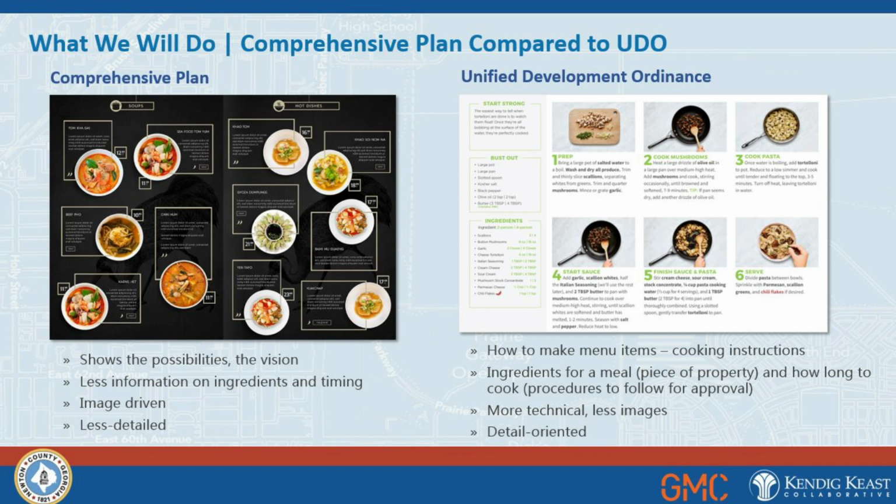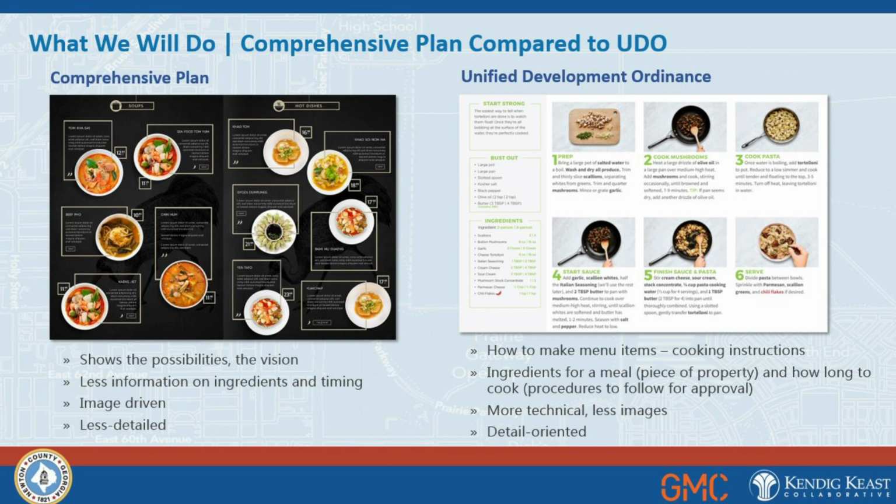On the other hand, back in the kitchen, the menu that you see at the table really represents the comprehensive plan, with the vision, graphics, a summary of what you're going to have. Back in the kitchen, they have the equivalent of a Unified Development Ordinance, which is the recipe. And that really has very detailed instructions about quantities, ingredients, how long it's prepared, very technical.